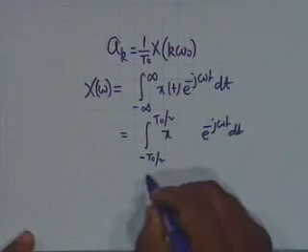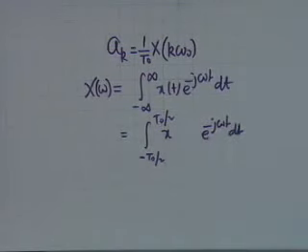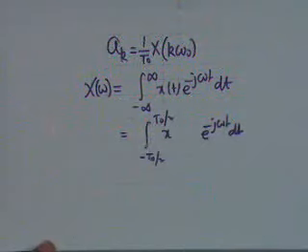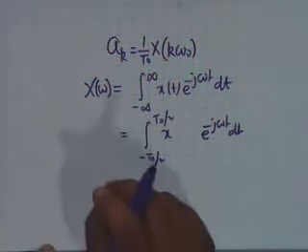But in this range, x(t), now try to follow this argument very carefully. I have already explained this, let me repeat. In this range, that is minus T0 by 2 to plus T0 by 2, x(t) and x tilde(t) are identical, and therefore I could as well replace by x tilde(t). Alright.